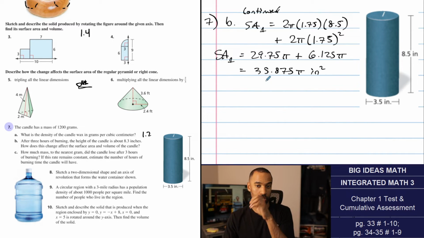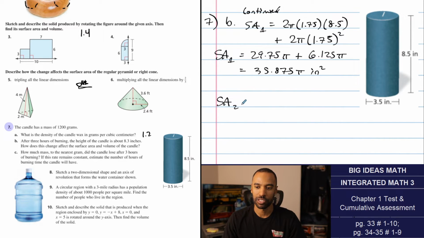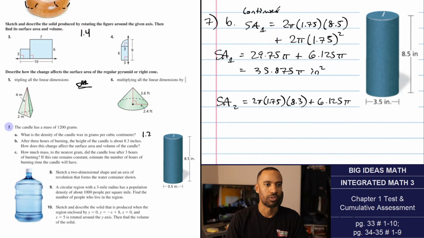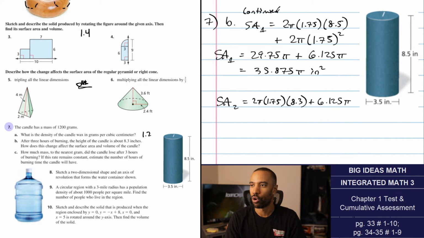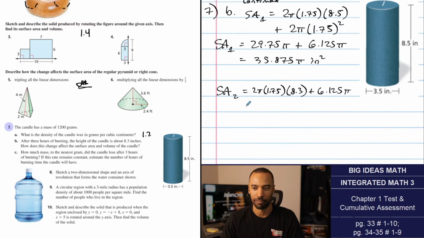Surface area 2 is going to be slightly less. Now here's the thing. You have the same base areas, so I still get to keep the 6.125 pi. The one difference is 8.5 turns into 8.3. So 2 pi times 1.75 times 8.3. So diameter was 3.5, right? 3.5 times 8.3. This is the one difference here. 29.05 pi instead of 29.75 pi.